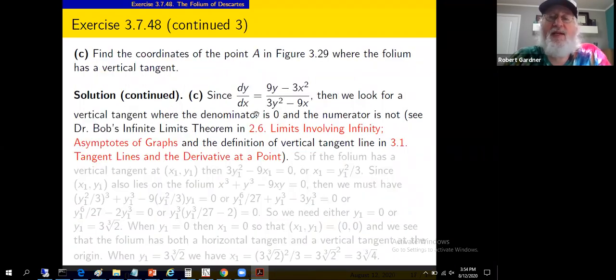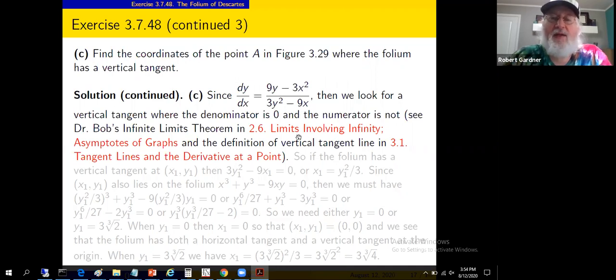All right, part C, they want us to find the coordinates of the point where it has a vertical tangent. Here's what we had for the derivative upstairs. So we want to know where this yields a vertical tangent.